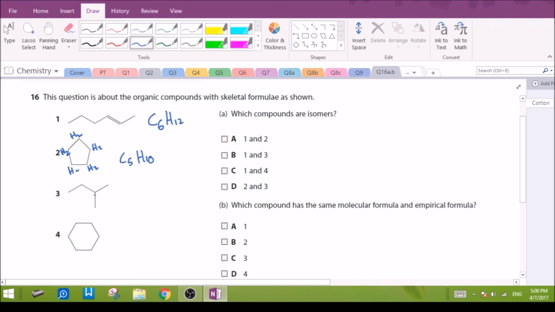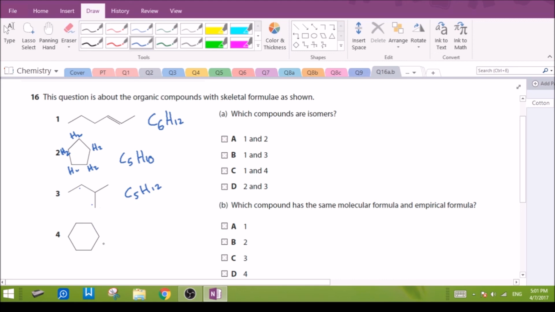The third compound, you should recognize to be an alkane. 1, 2, 3, 4, 5: a 5-carbon alkane. Using the general formula CnH2n+2, there are 12 hydrogens for this third compound. The last compound is a cycloalkane.